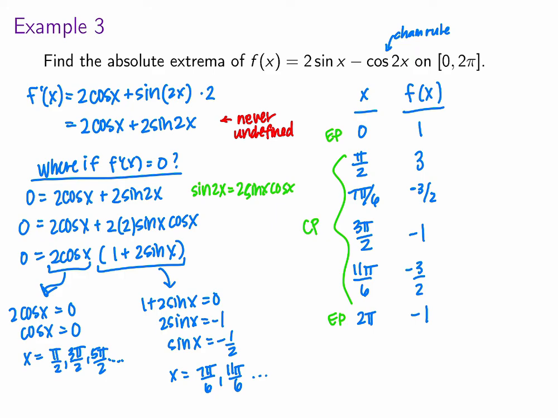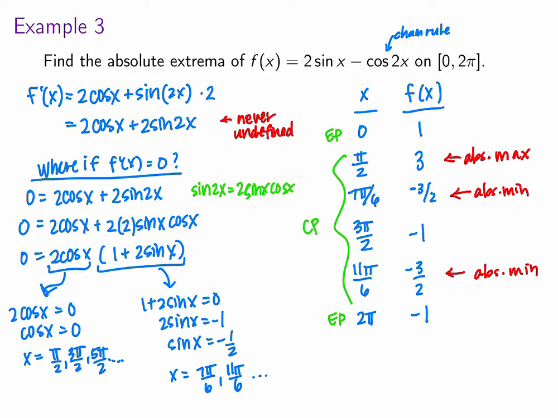So now let's see what is our absolute max and our absolute min. Well, we see our absolute min is going to occur in 2 places because we have that negative 3 halves showing up twice. So there is our absolute minimum value. And our absolute max is going to be there at 3.